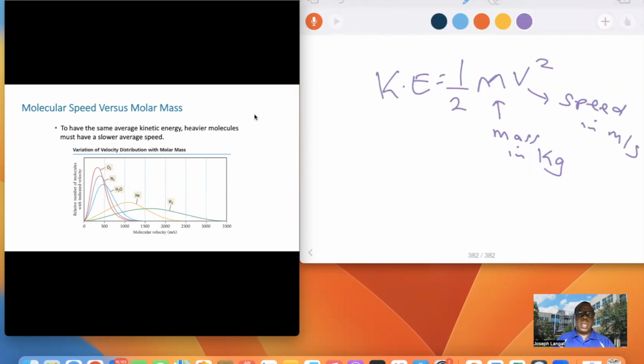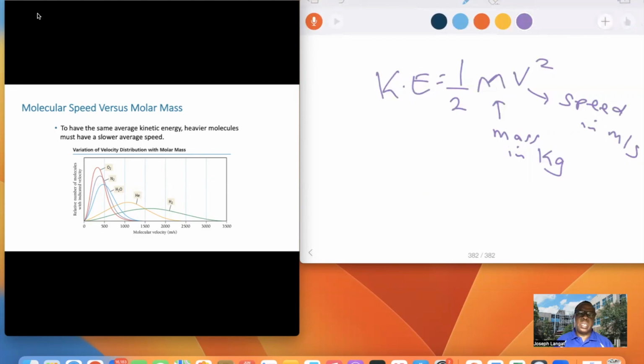So the statement here is, for heavier molecules to have the same average kinetic energy, they have to move at a slower speed, whereas lighter molecules will have to move at a greater speed to have the average.